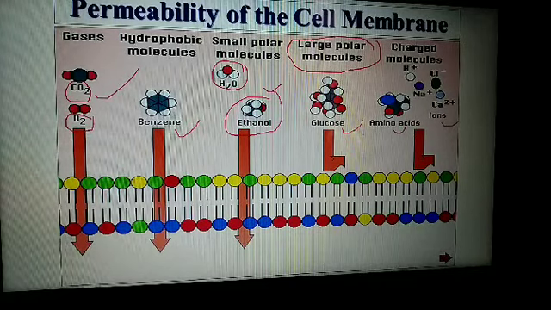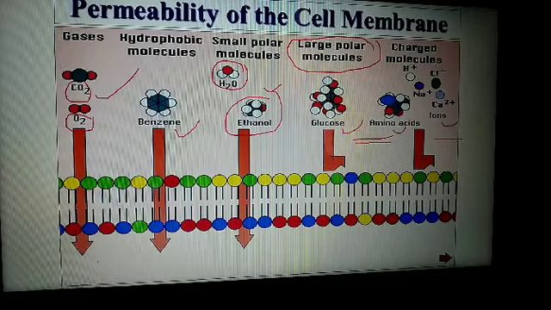It is very difficult to pass without any help. Meaning, they require some amount of energy, or the help of protein channels, transporters or some proteins for their entry inside the cell. So these are the substances which can pass across the cell membrane.